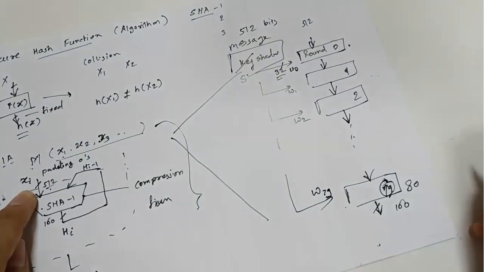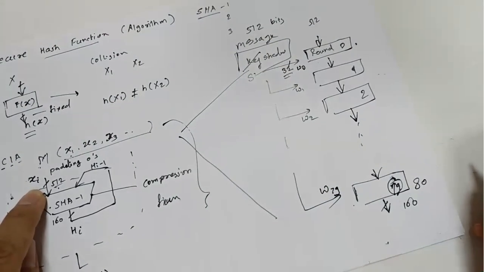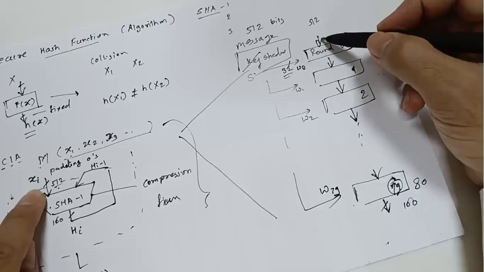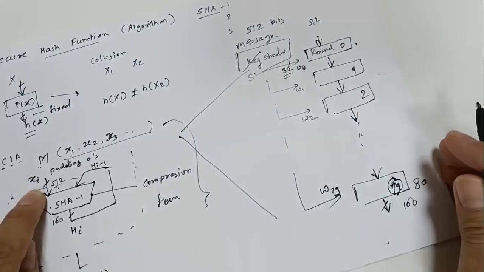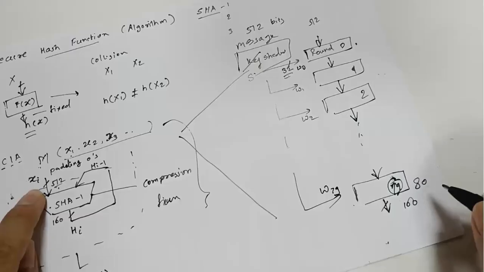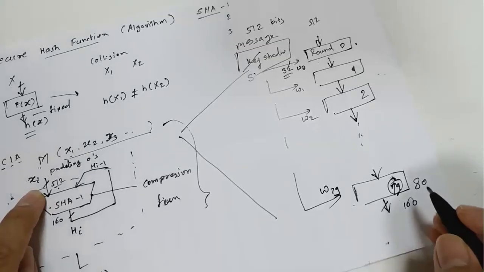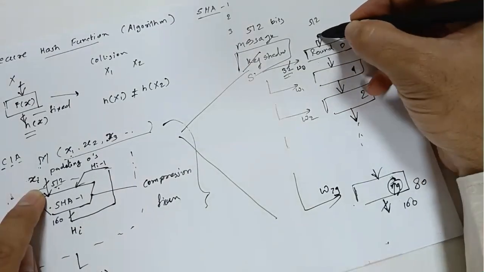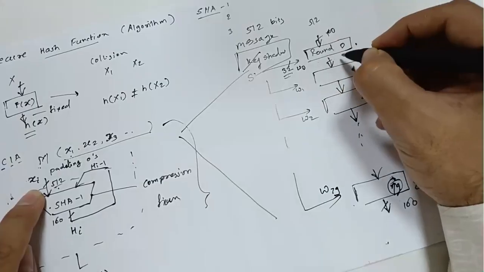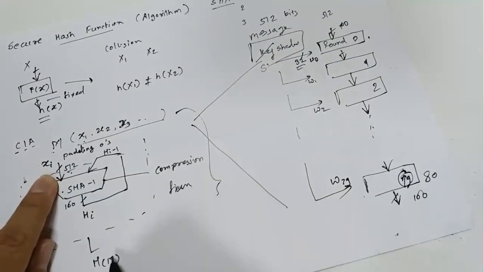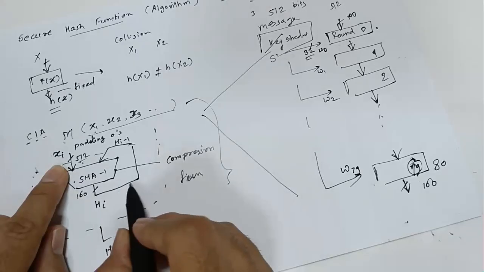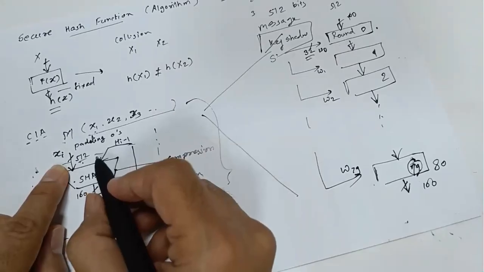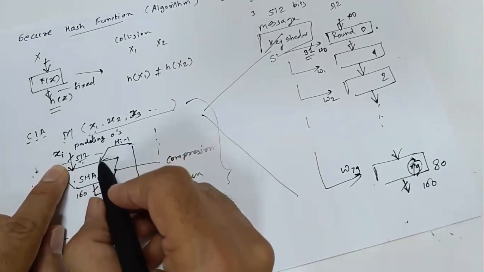Now, each round takes a 160-bit input and creates a 160-bit output. How will you get this 160-bit input? For each round, the 160-bit output goes into the next round.